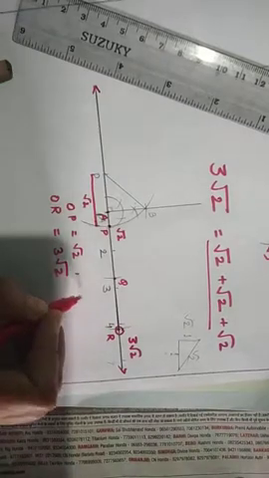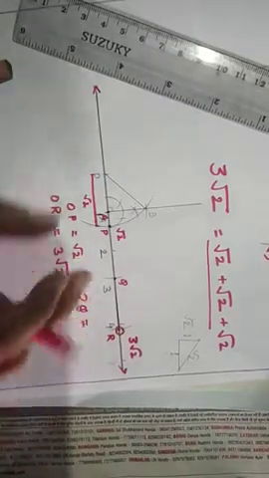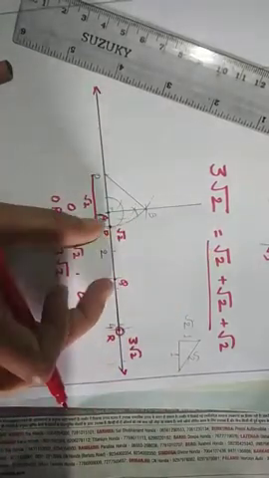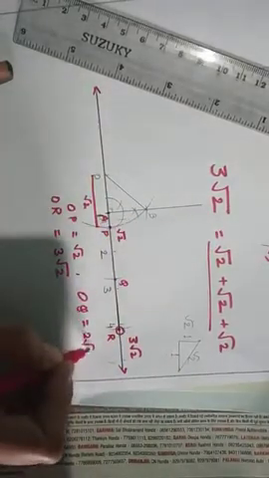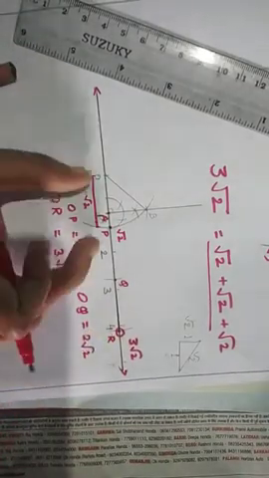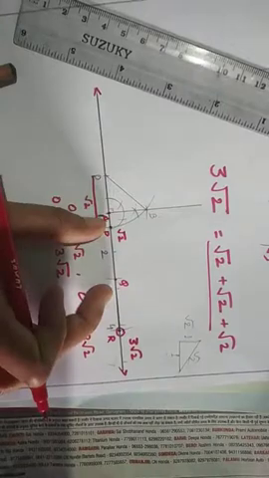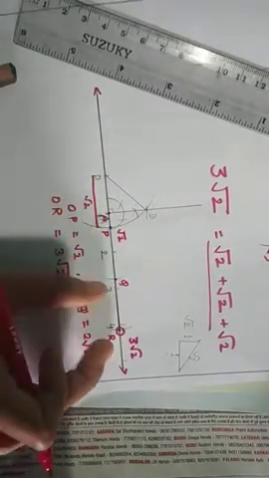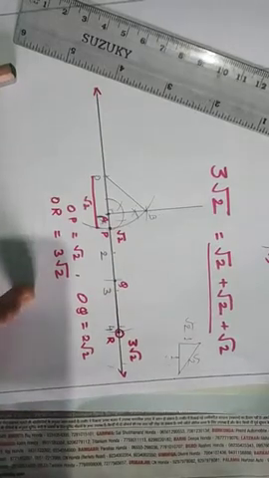And OQ will be equal to what? O to Q is 2 root 2, because root 2 plus root 2 is 2 root 2. And O to R, this full distance, is 3 root 2, because it is OP plus PQ plus QR. Under root 2 plus under root 2 plus under root 2 will be equal to 3 root 2.